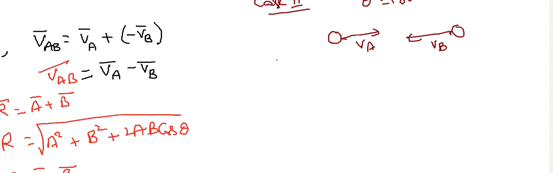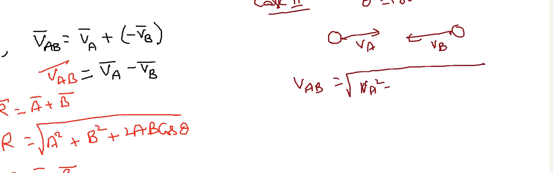Then the relative velocity of A with respect to B: same formula, VA square plus VB square minus 2 VA VB cos 180. What is the value of cos 180? Cos 180 is nothing but minus 1.